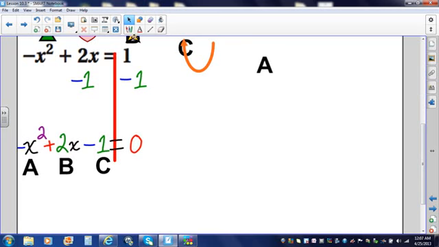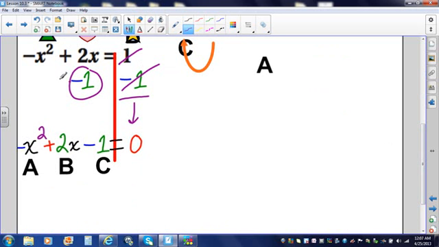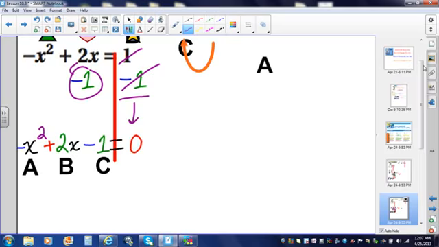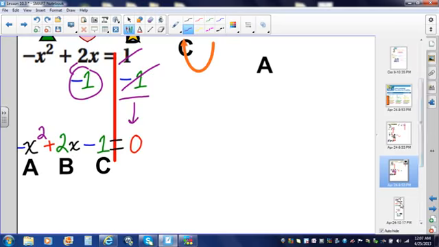These will end up canceling each other. ALC, goodbye. That leaves you 0. I cannot combine the negative 1 with the x squared. I cannot combine the negative 1 with the 2x. So we have negative x squared plus 2x minus 1 equals 0.